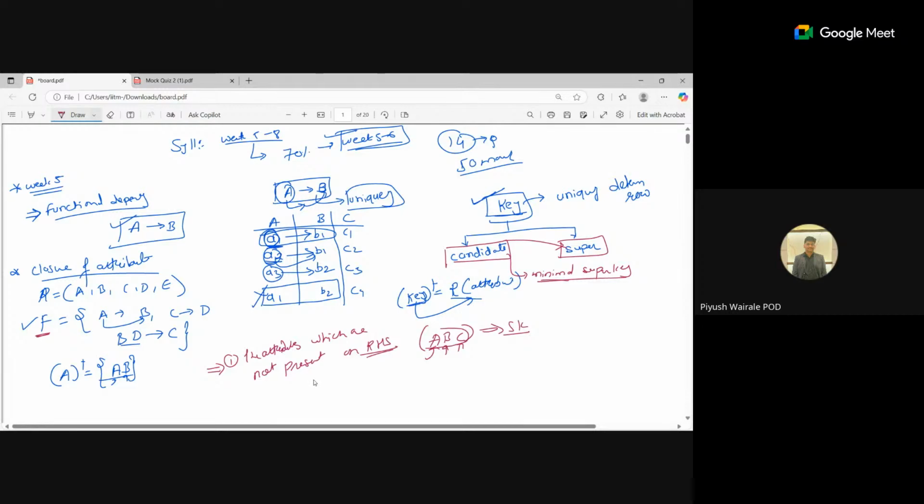It means that attribute cannot be determined. If that attribute cannot be determined, it must be a part of the key. This is what we can say, right? So tell me, for this relation and for this functional dependency, what is the key here?